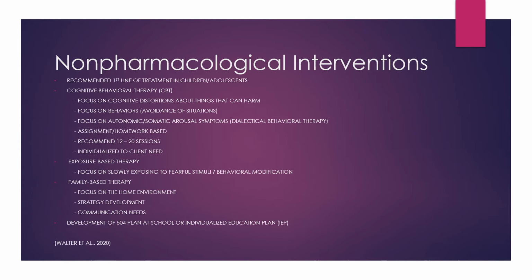I can't stress enough, as a clinician and as a family member of children with anxiety, how important involvement of school and community resources can be. So it is important to rope in that school counselor, get that 504 plan started at school so that these students may have a chance at minor adaptive strategies for school, or even an individualized education plan if the child does have a government covered disability.